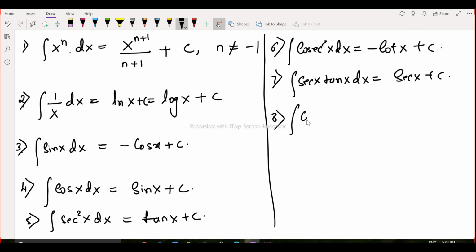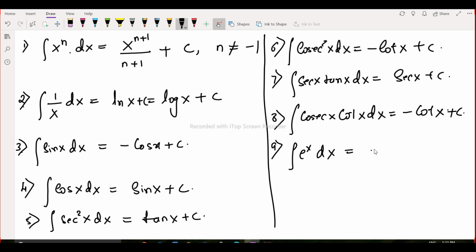Then integration of cosec x cot x dx is equal to minus cosec x plus c. Now, if you remember, the derivative of e raised to x was e raised to x. So integration of e raised to x is e raised to x plus c. Then we have integration of a raised to x dx, which is a raised to x upon log a plus c.